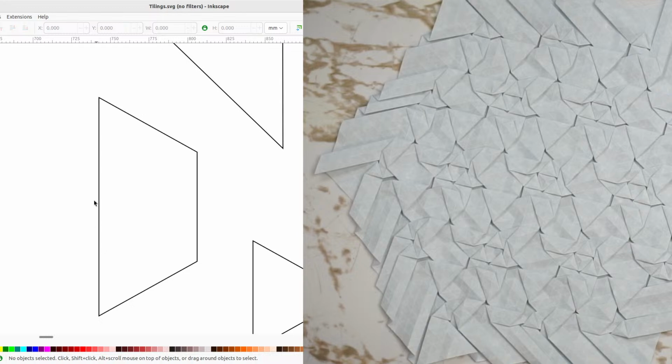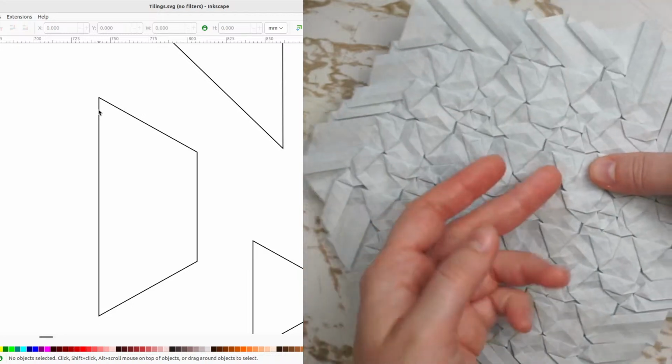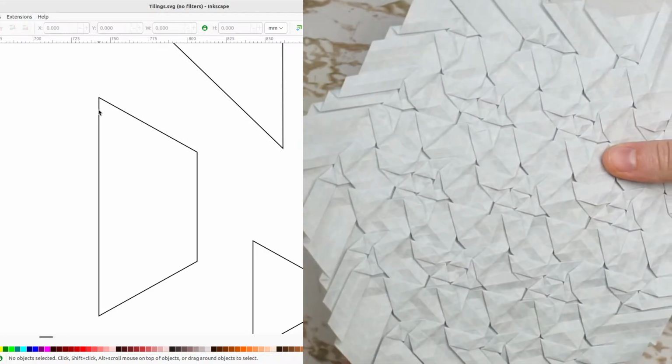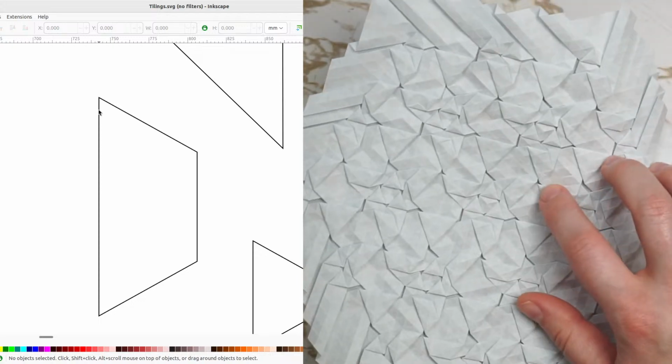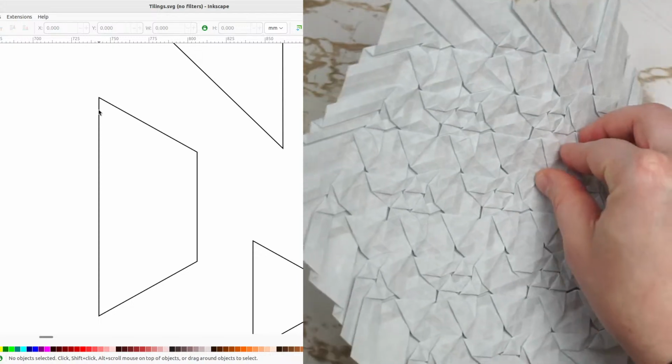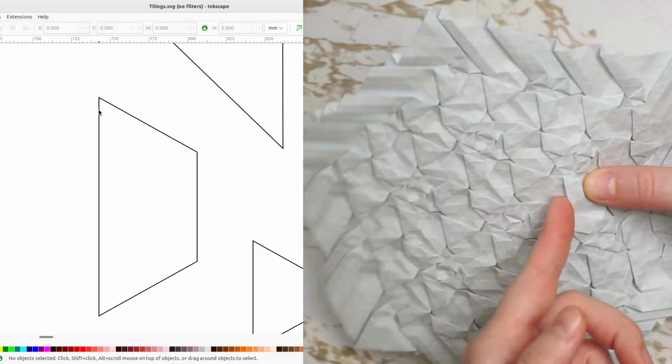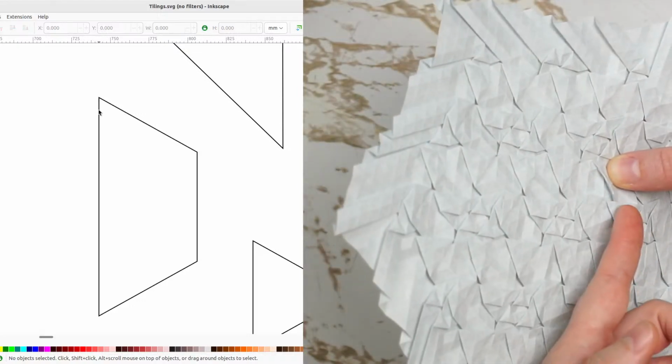And this twice as long edge comes with twice as much pleat depth. So we're going to have 2 grid spacings between the mountain and the valley fold on these pleats.